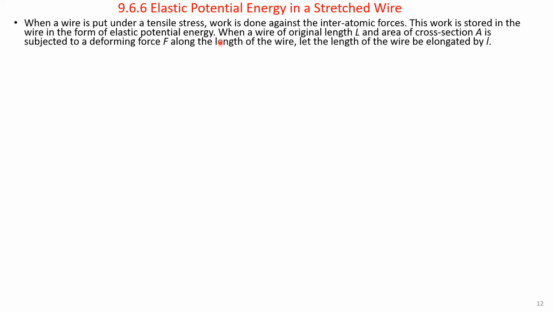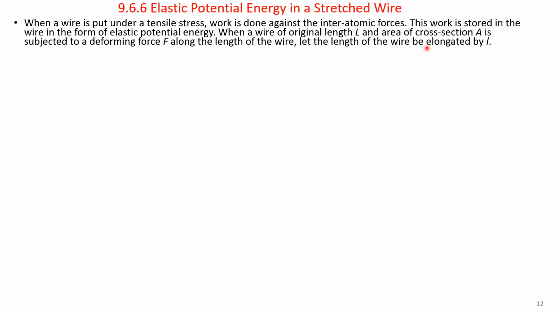When a wire of original length capital L and cross-sectional area capital A is subjected to a deforming force F along the length of the wire, then let the change in length of the wire be small l.